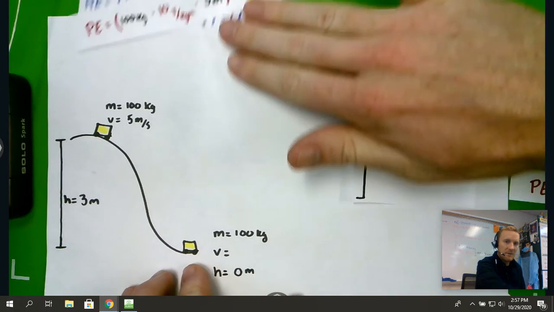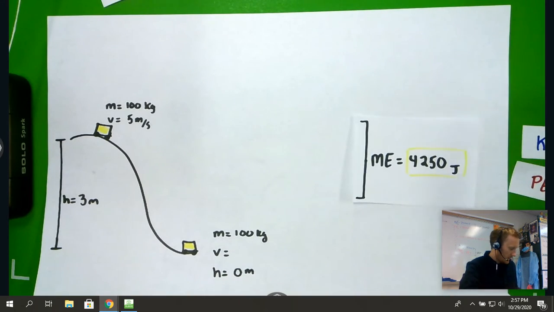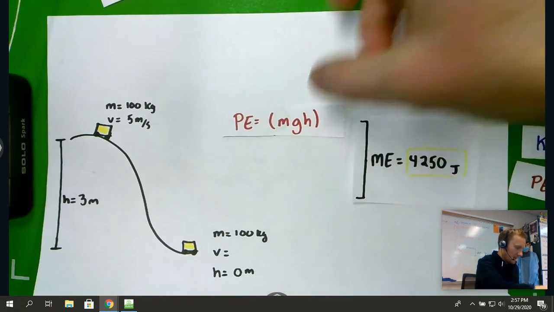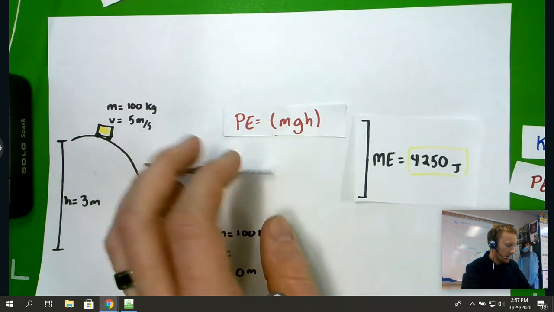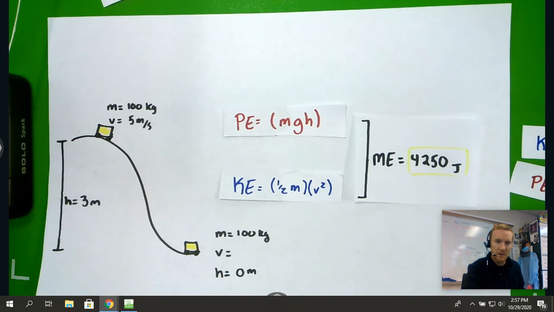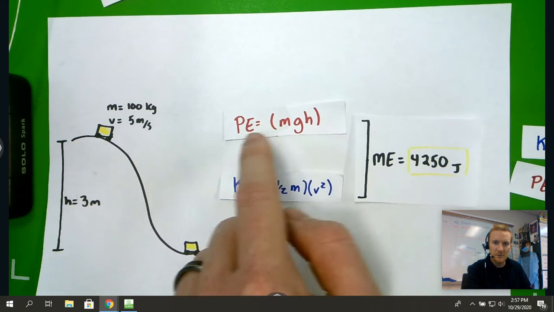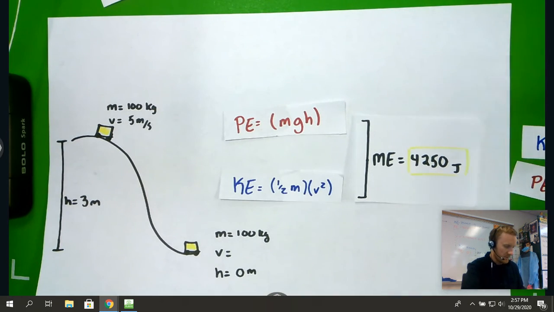Okay? And that's going to equal whatever the potential energy at the bottom is, plus whatever the kinetic energy at the bottom is. Okay? Well, at the very, very bottom of this hill, we know that our height is equal to 0. So that means if our height is equal to 0, then our potential energy has to be 0.